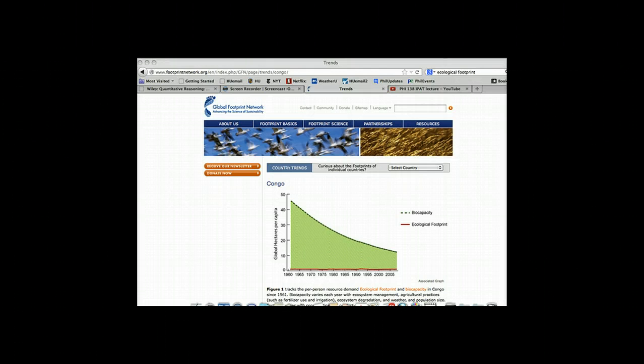It's probably due to many factors, but one of them may be due to the mining of minerals in the Congo, minerals that are used in the production of electronics, which are used by other people on the planet, not necessarily the people in the Congo. So the people in the Congo, their ecological footprint may still be relatively low, even though their region is experiencing a declining biocapacity.